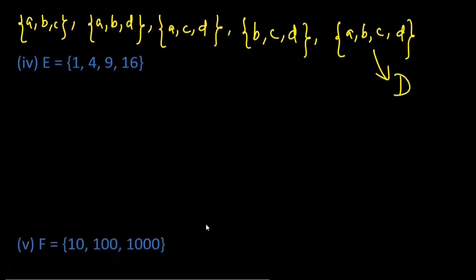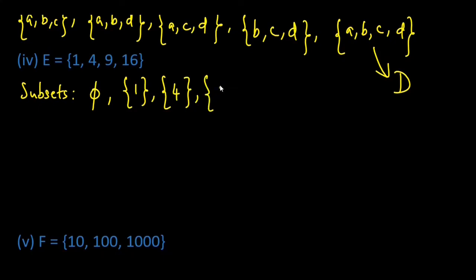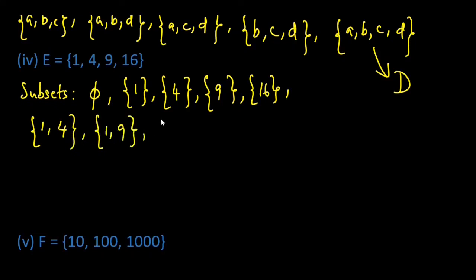Then fourth one, {1, 4, 9, 16}. The subsets are the empty set, set having 1, set having 4, set having 9, set having 16. So we finished sets having one element. Now let us go for two elements. 1, 4, 1, 9, 1, 16.